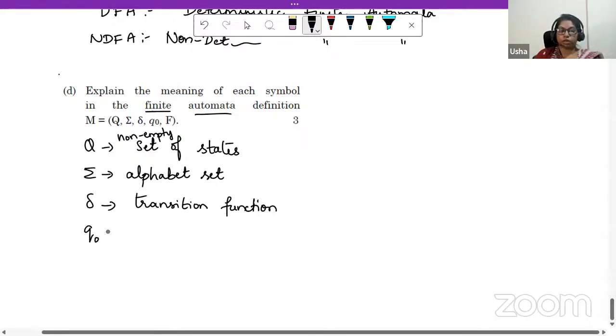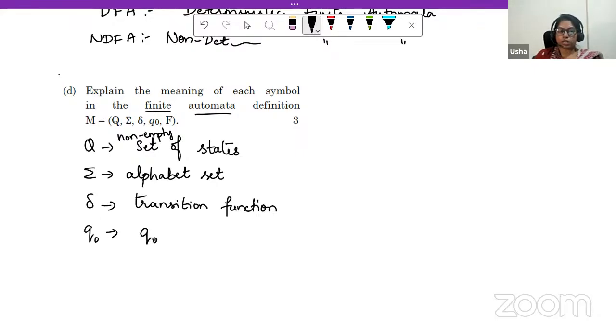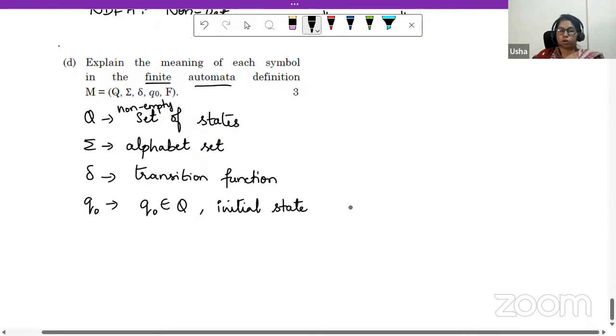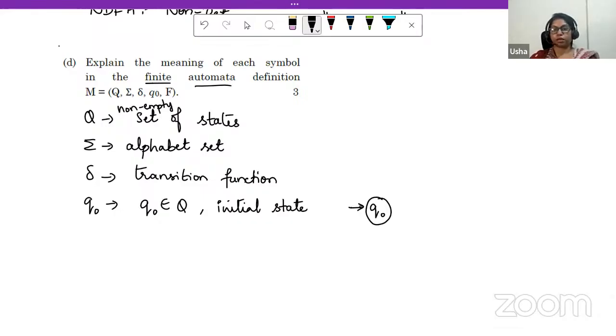And then Q naught. Q naught belongs to the set Q, and it is an initial state. Always we write it like this. It means this is where the automata starts.